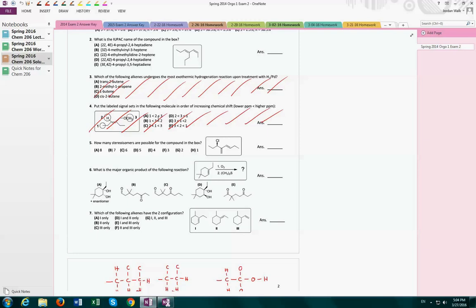But if this was a C, would you still be one wedge and one on a dash, right? Yeah, it would still link. So you would end up with different products because now what you've done is you've drawn one side. Yeah, and so now it's good. If you don't believe me, just go ahead and see what would happen if you draw out the product. You should end up with different products.